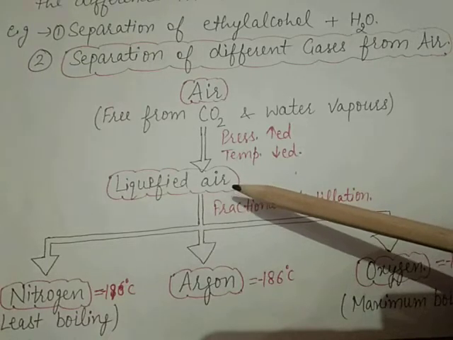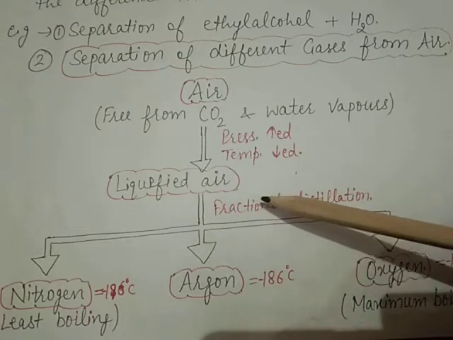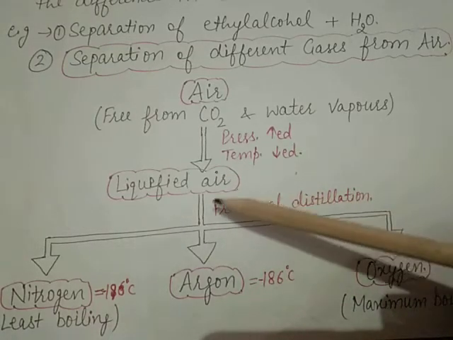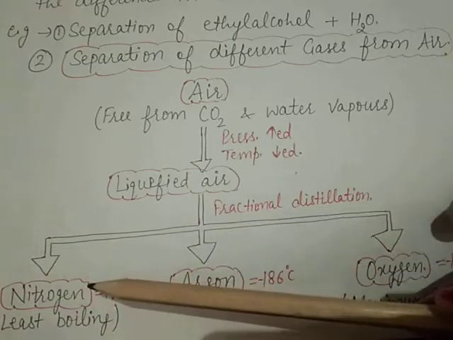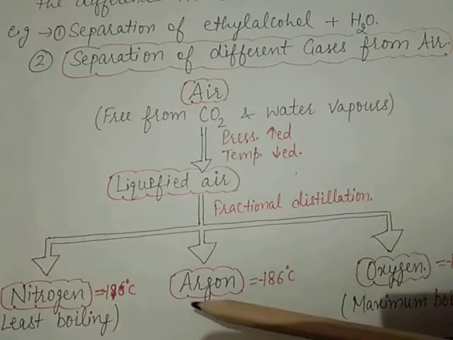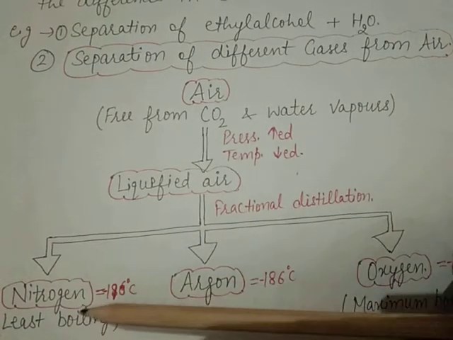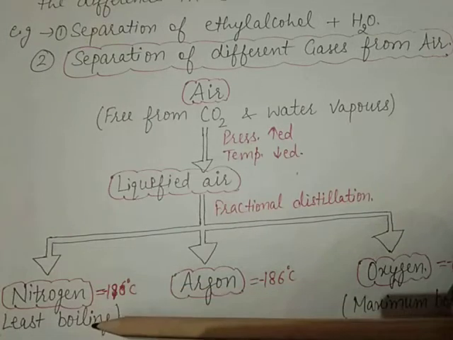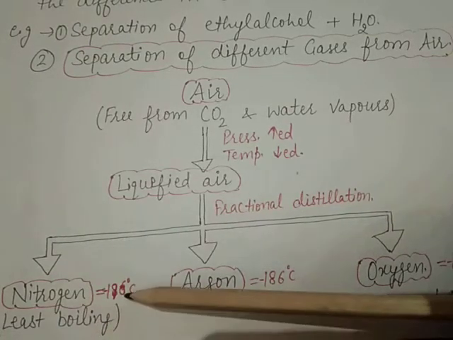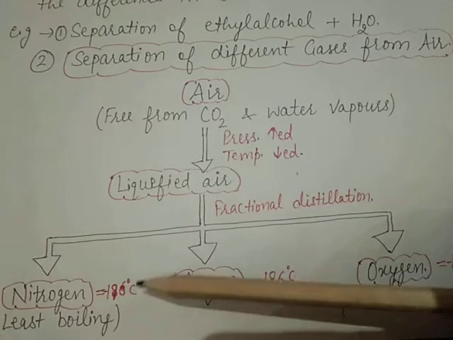This liquid air is allowed to warm up slowly in the fractional distillation column, where the gases are separated at different heights depending on the boiling point. Nitrogen has the least boiling point, that is minus 196 degrees Celsius.